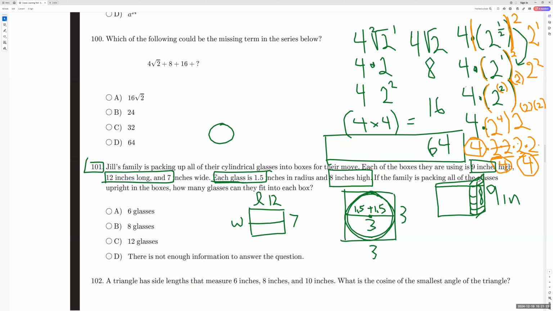Now 12 can be divided into 4 units of 3, right? Obviously, they have to be equal and they have to measure 3 by 3. They do have a little more with the 7 because it's not 6, which would maybe be too tight. So anyway, we can see that we can fit 1, 2, 3, 4, and another 4 below is going to be 8. 8 glasses can fit into the box. We already took care of the height.